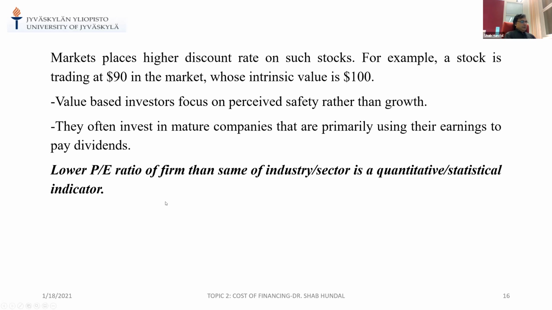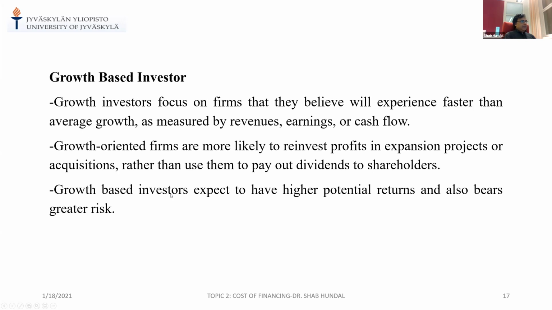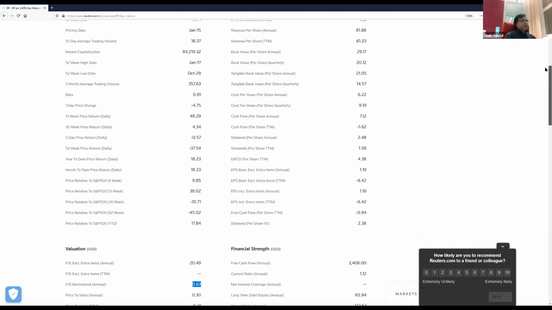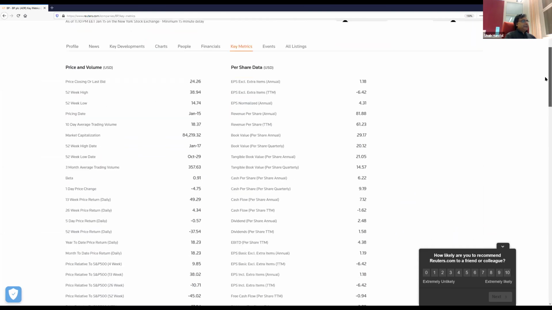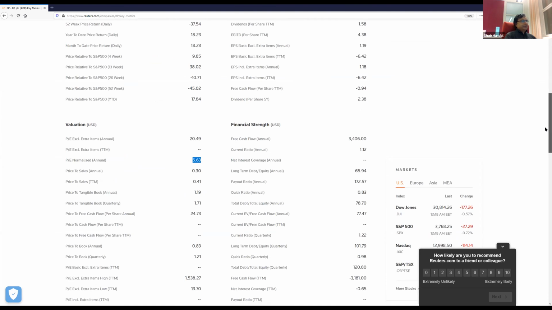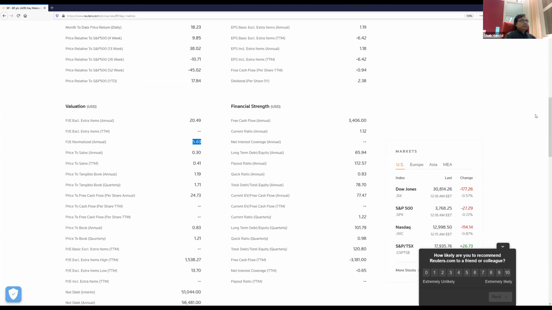Okay, where can I find the example? What do I have in the next slide? Wait a sec. Yeah. So here we have BP PLC, and I've got this data from the New York Stock Exchange on Reuters.com.